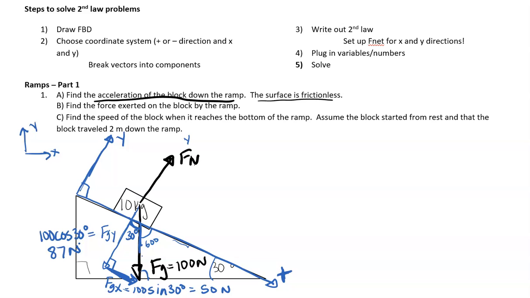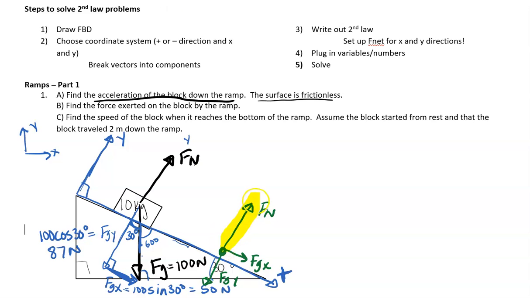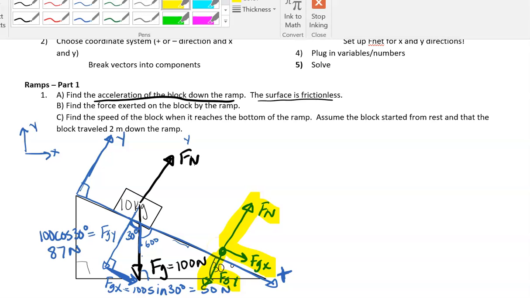Perfect. Cool. So now, before we start solving, I'm going to draw in a different color. Whenever we think about the problem itself, we're going to think about it in terms of just the components. So we have Fn, we have Fgy, and we have Fgx. This free body diagram right here, which I'm going to highlight in yellow, is the free body diagram we use for our thinking purposes only.